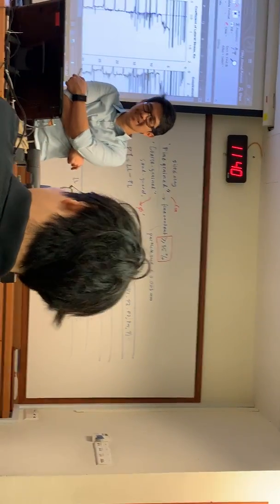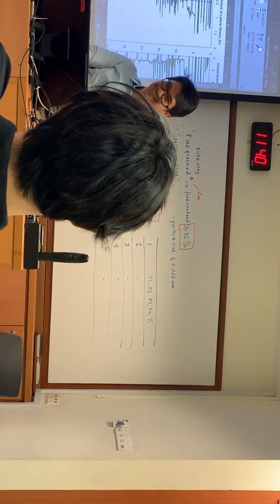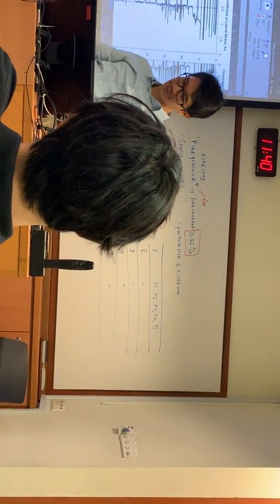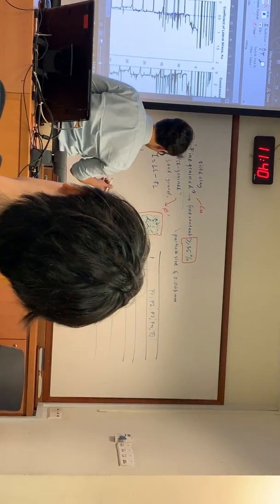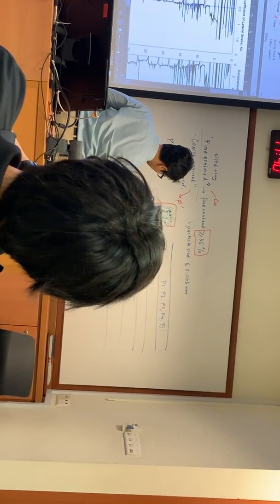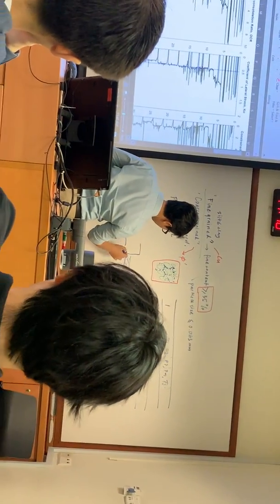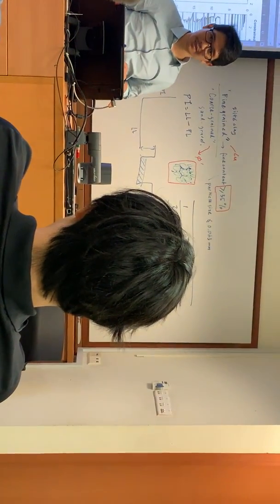Correct, unit weight. Of course, without unit weight, how do you calculate bearing capacity? Remember, my shallow foundation here is embedded 5 meters, so I need to know the overburden.